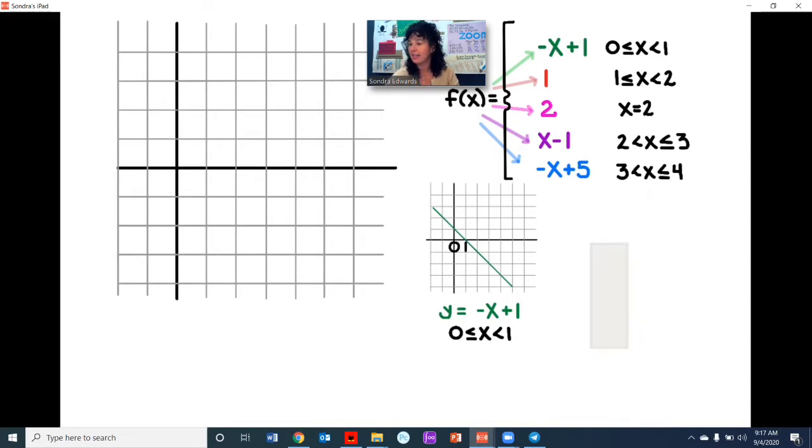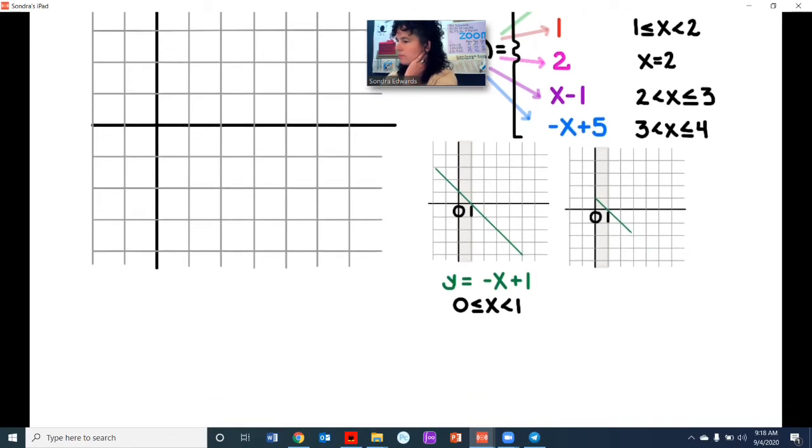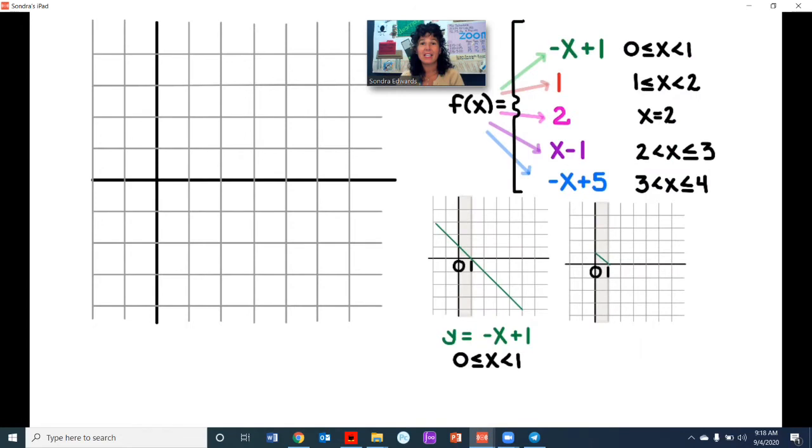So putting that in, go right there and stop it there. Okay, we only want to use that piece. Here, I'm just leaving out anything to the left of 0 or the right of 1. If I leave out everything outside of the interval 0 to 1, I have that little piece right there.